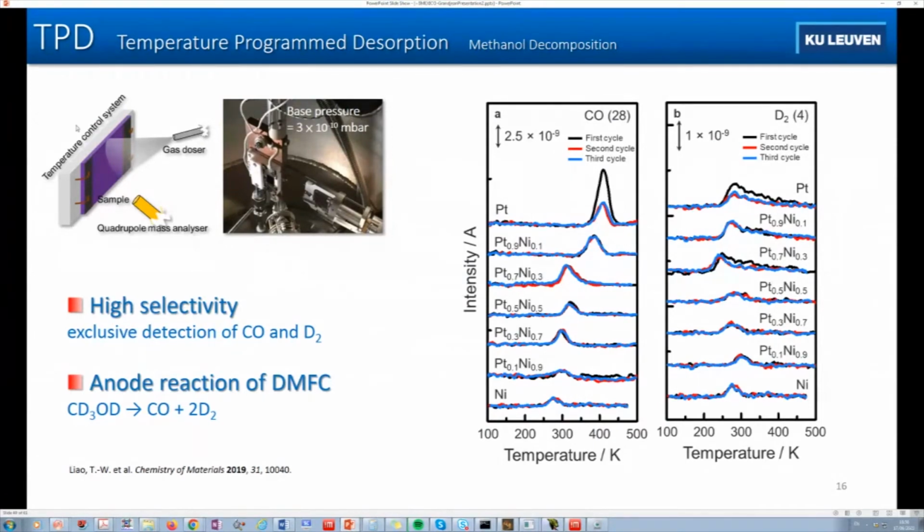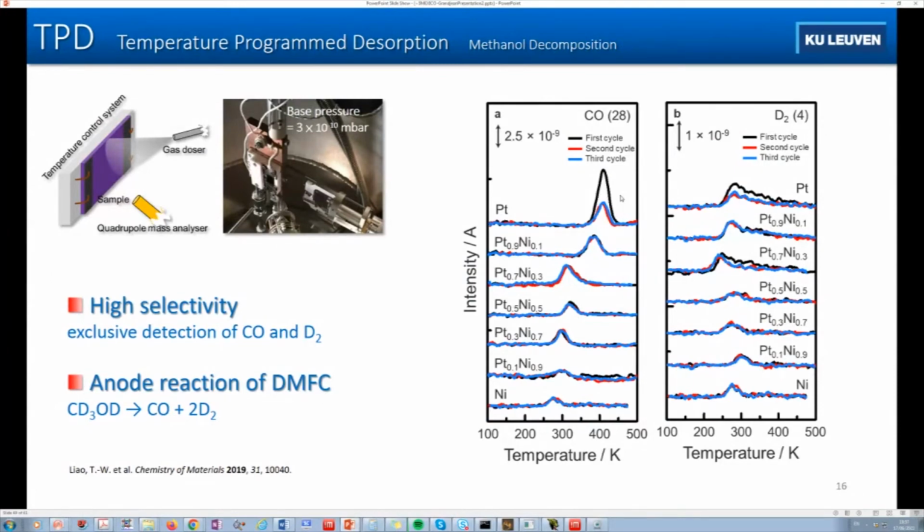So this is the methanol decomposition, and you have a quadrupole mass analyzer, so you will pick up with time, with temperature, what appears in the gas. And the reaction, so we also did deuterium, because of course it's much easier to control, and then the reaction is there. And this is what you get for the different compositions. So you see here, you need to go to very high temperature to desorb CO from platinum, which is equivalent to being poisoned.